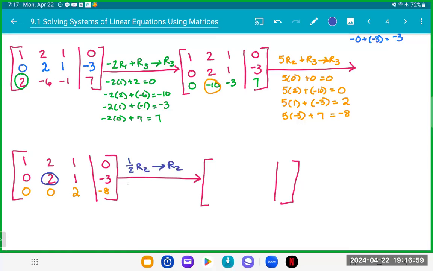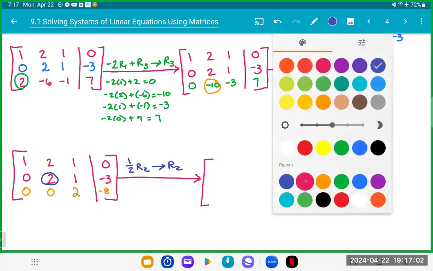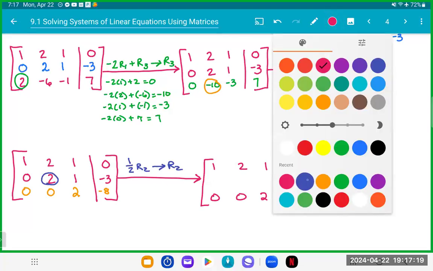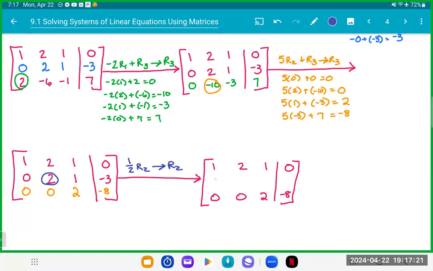So if you think about that, 1/2 times, well, let's write our first rows, 1, 2, 1, 0, and 0, 0, 2, -8. So 1/2 times 0 is still 0. 1/2 times 2 is 1. 1/2 times 1 is 1/2. And 1/2 times -3 is -3 halves.